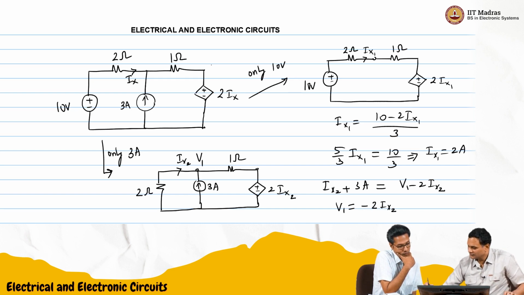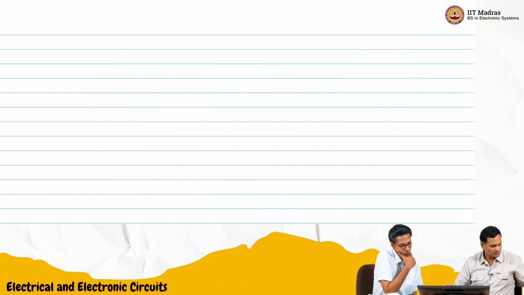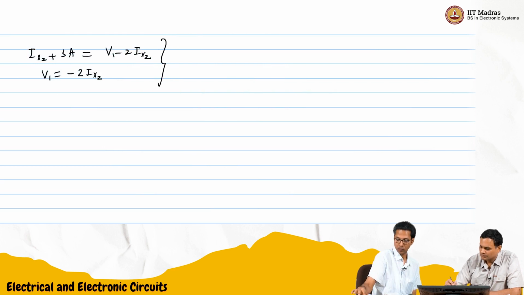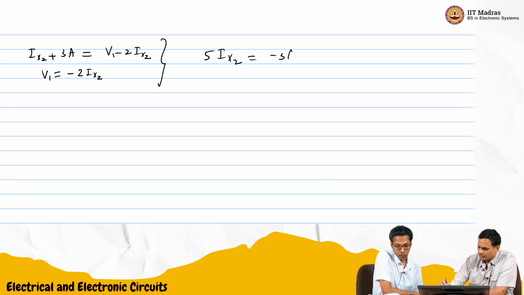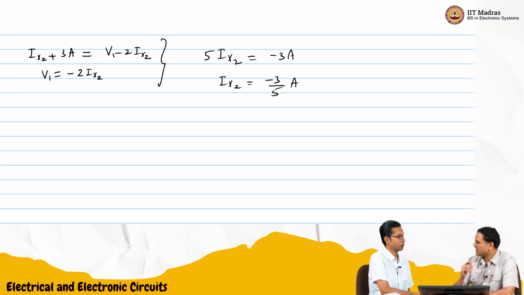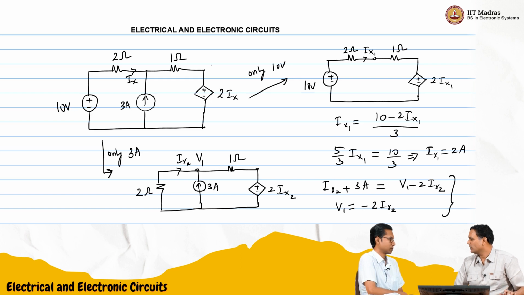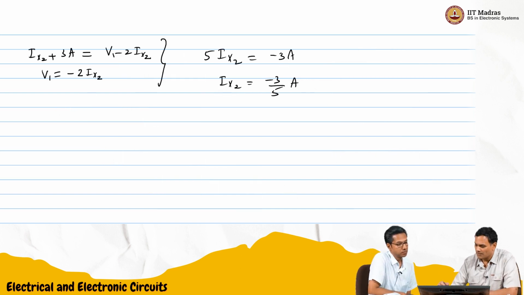So Ix2 is minus 3 by 5 amperes, like minus 0.6 amperes. And here we had 2 amperes. So 2 minus 0.6 is 1.4 amperes.